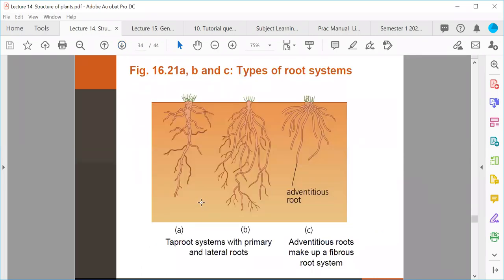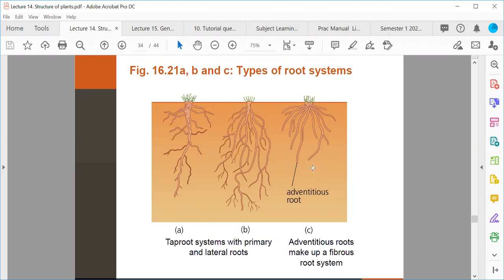All right, so dicots tend to have these branched root systems here that you can see. Often there is a central taproot or primary root, and then all the other roots basically arise as lateral roots from the primary roots. Okay, so that's what you commonly find in dicots.